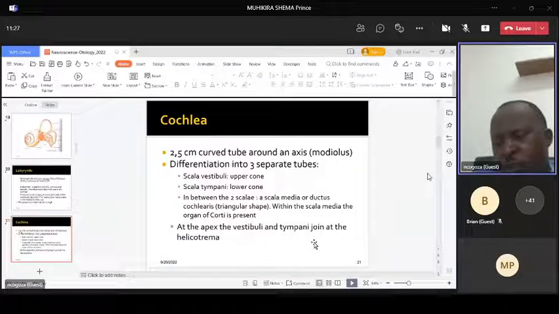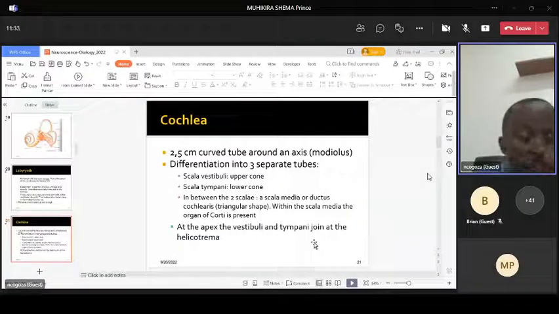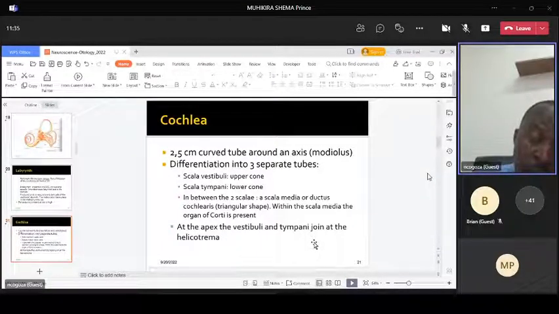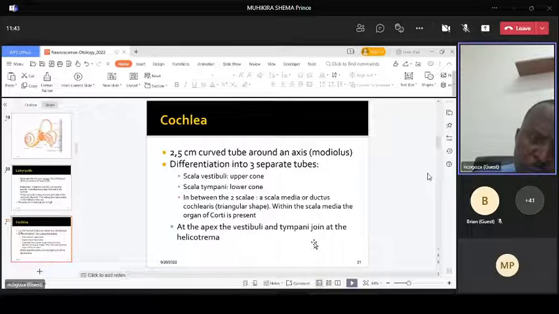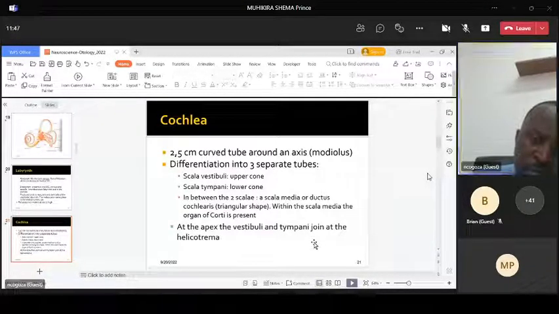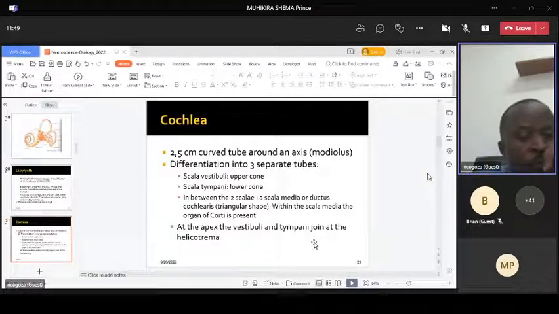Vibration of the ossicles sends that mechanical energy into the inner ear, and that mechanical energy reaches the scala media between the scala vestibuli and the scala tympani. And in the scala media, there is an organ called the organ of Corti containing sensory cells.